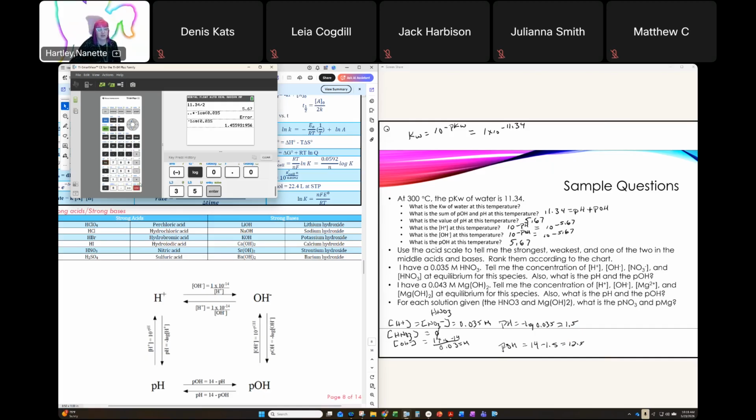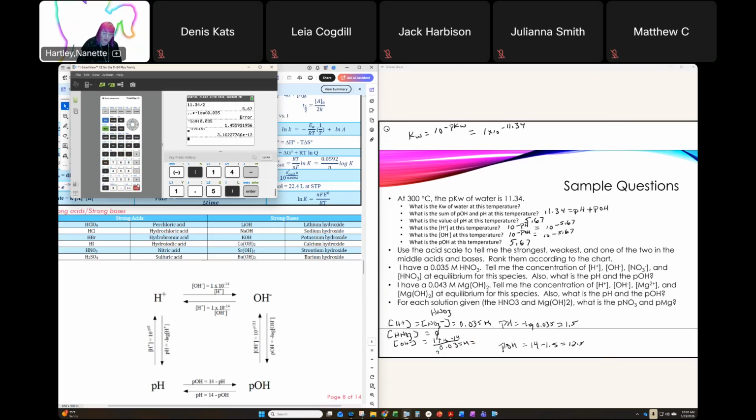And then if I wanted to find the OH minus, I could also take 10 to the negative 14 minus 1.5, which gives me that value. So either one of those will give me this same number for this OH minus of 3. Technically, that should be just 3 because I lose one sig fig.